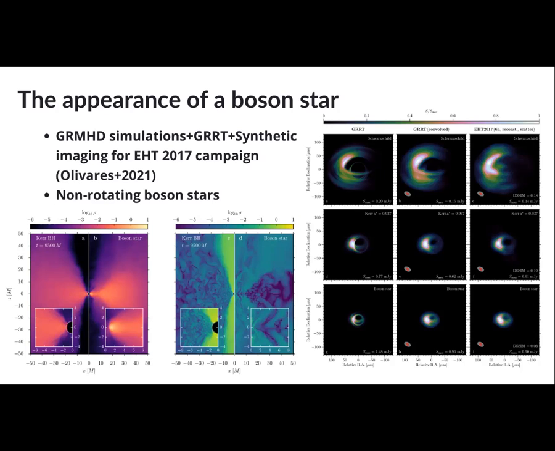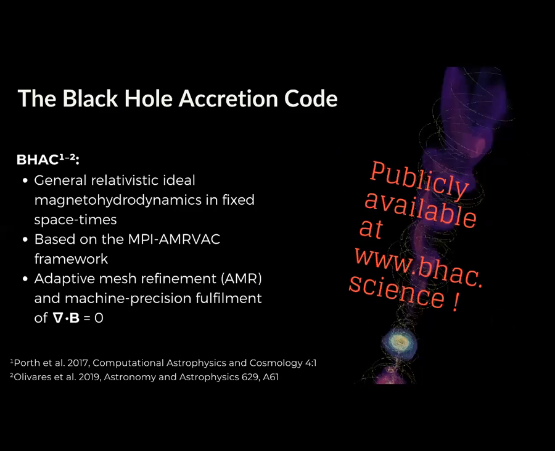So just to make an advertisement of the code on which we did the simulations, which is a code that I contributed to developing. This is the Black Hole Accretion Code. In case you want to try it, it's publicly available on this website. This code was built having in mind the possibility of making these simulations on alternative spacetimes, so adding new metrics is relatively easy.